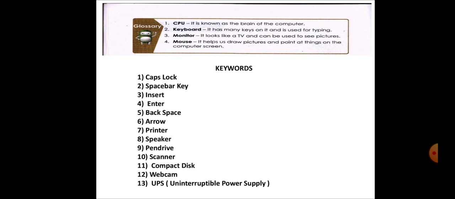Monitor, it looks like a TV and can be used to see pictures. Fourth one is mouse. It helps us draw pictures and point at things on the computer screen. Remember these points, children. Now, let us learn few keywords from this lesson.